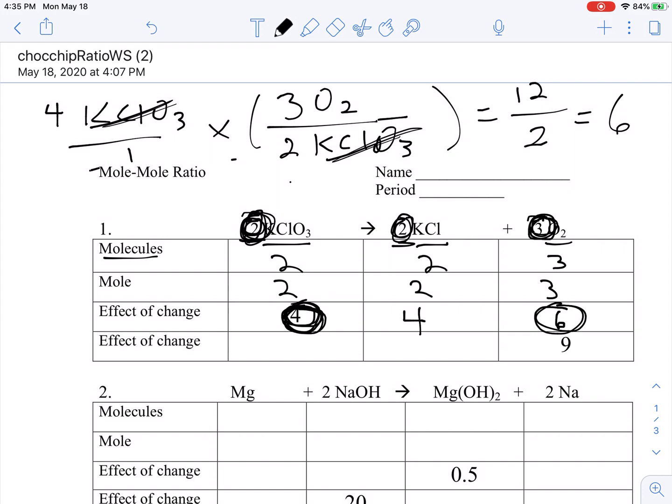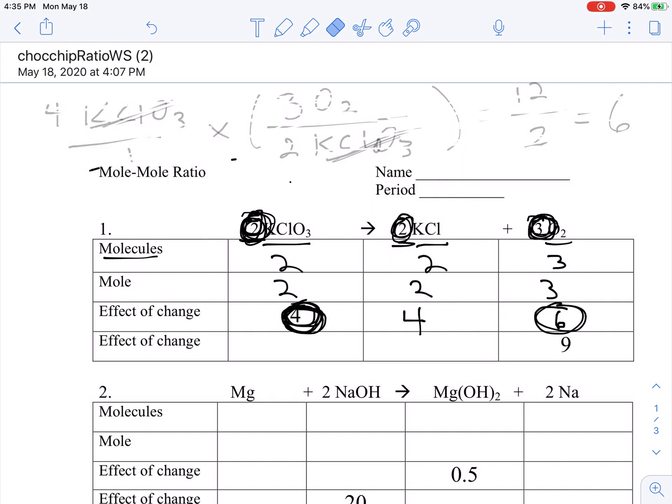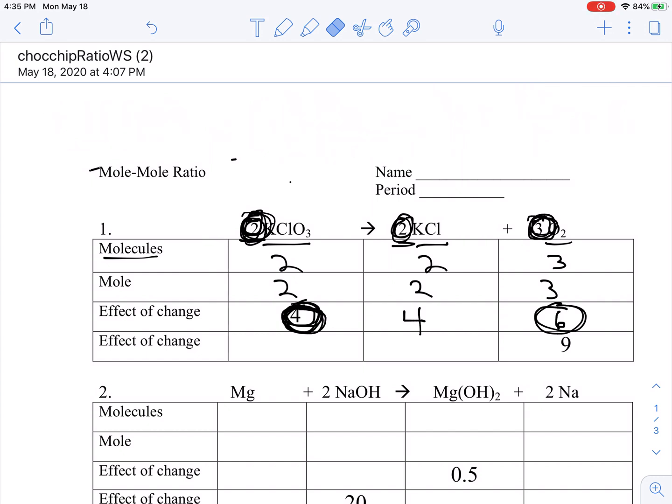And you can see the same thing that's going on here with these other ones. But let's just do the examples. So in this case now you still have the same mole ratio, 2 potassium chlorate, 2 potassium chloride, 3 oxygen. But if the oxygen, let me just erase these, getting a little bit messy.